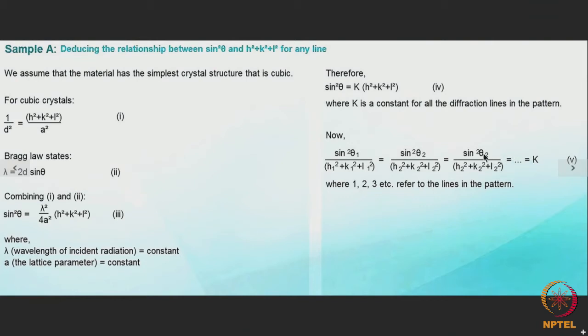Now, here there is a mistake, please read sin square theta 3 here, and these are h3, k3 and l3. So, 1, 2 and 3 etc. refer to the lines in the pattern.